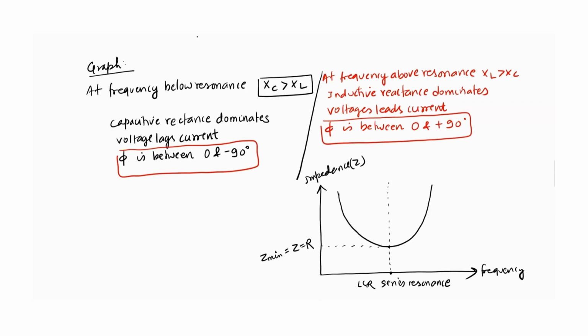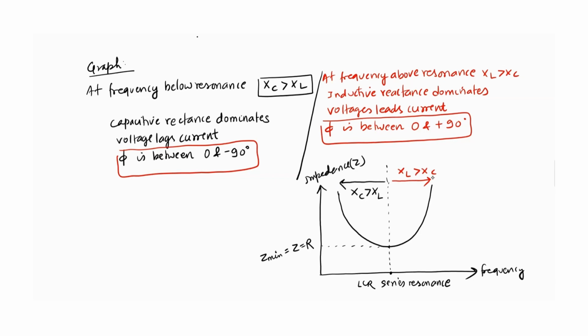At frequency below the resonance frequency, in this region, we find XC is greater than XL. That is, we have capacitive reactance dominating the circuit. And in this region, for frequency greater than the resonant frequency, or frequency above resonance, we have XL greater than XC.